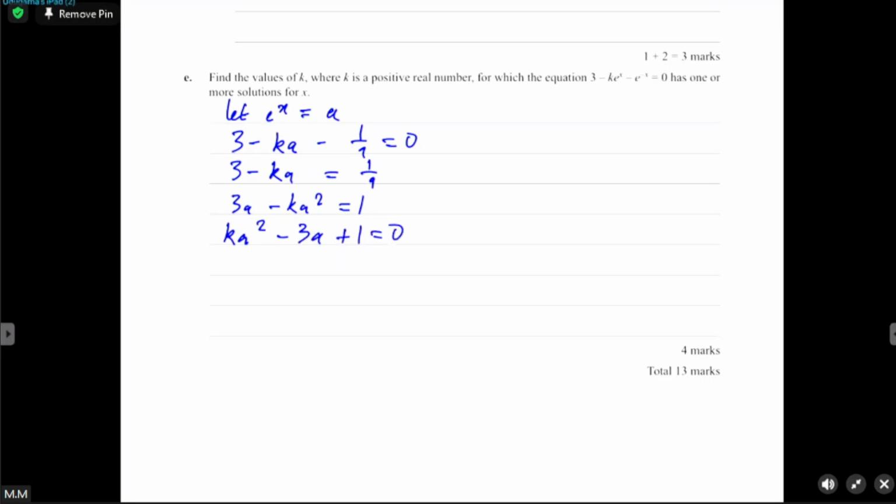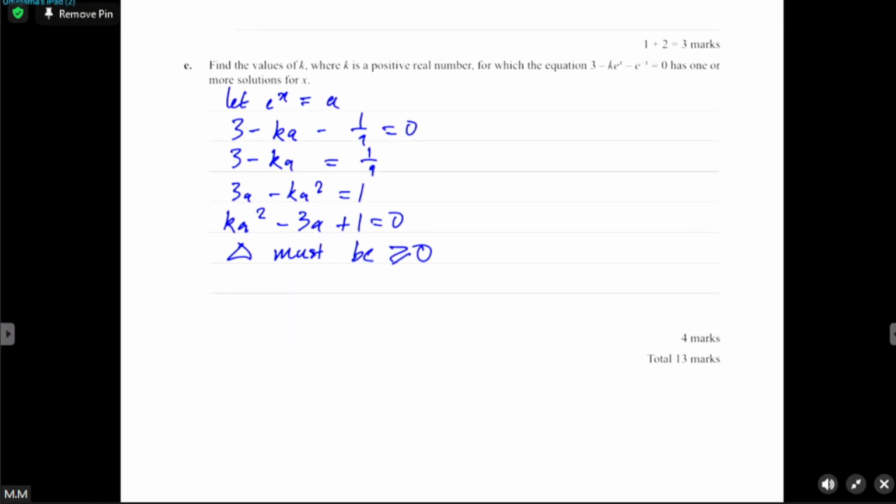And once you get a quadratic and you're looking for one or more solutions, you can immediately think, okay, I need to use the discriminant. So the discriminant must be greater than or equal to 0 because you have one or more solutions. So that means 9 minus 4k, just b squared minus 4ac, must be greater than or equal to 0.